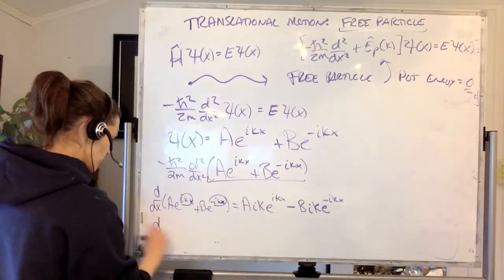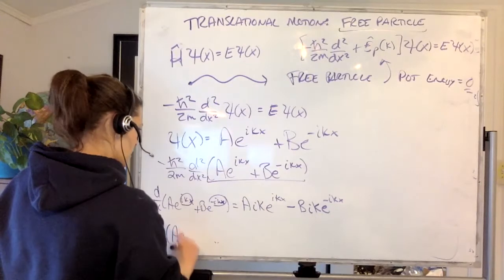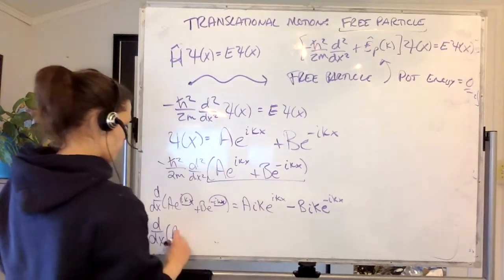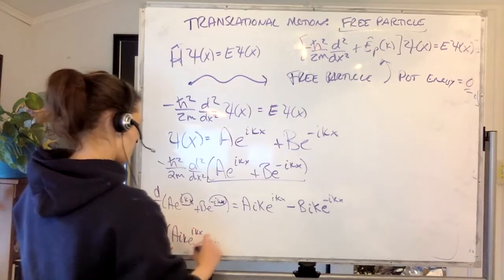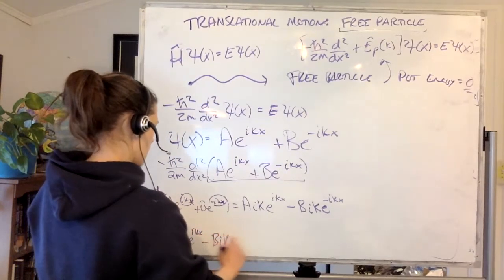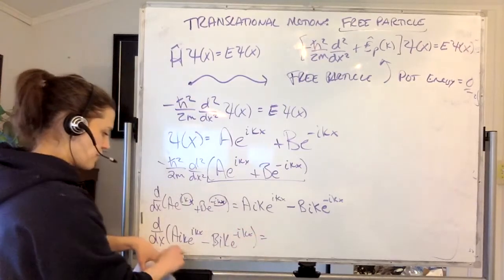Now derivative number two is d dx of this thing. The derivative of aik e to the ikx minus bik e to the minus ikx is equal to, all right, you do the same thing.